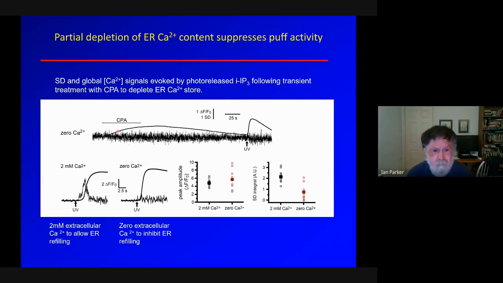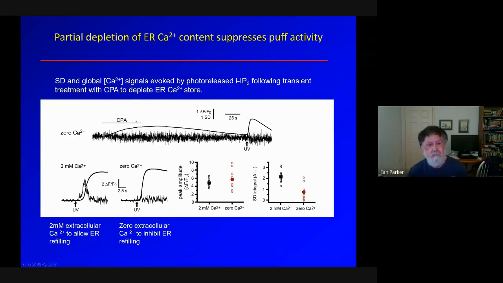Again, the smooth trace is global calcium level fluorescence. Noisy trace is our SD signal reflecting puff activity. Our cells bathe in zero calcium solution, so we're not getting any calcium influx across the membrane. We apply some CPA transiently to inhibit SERCA activity. We have a leak of calcium from the ER, we get a rise in cytosolic calcium.